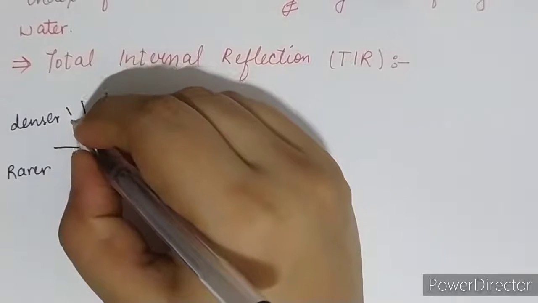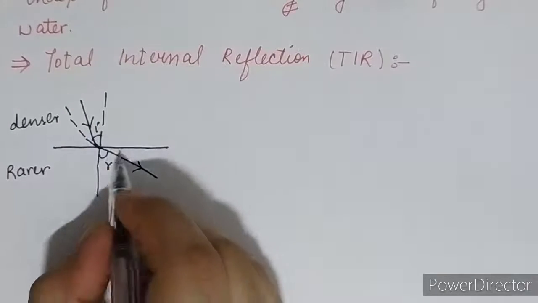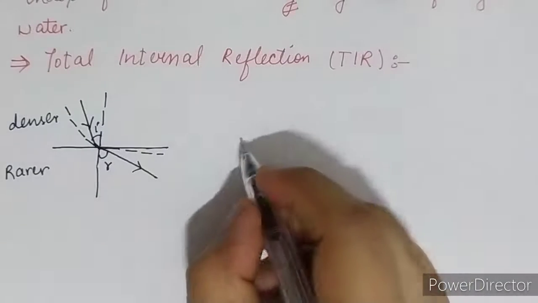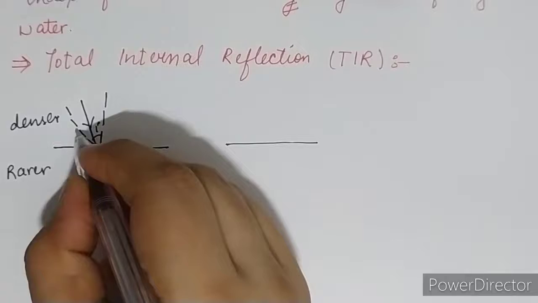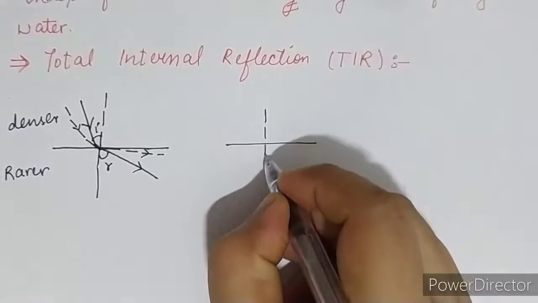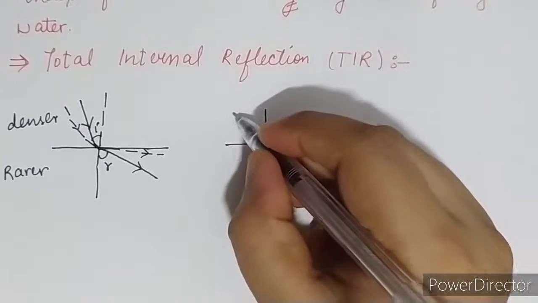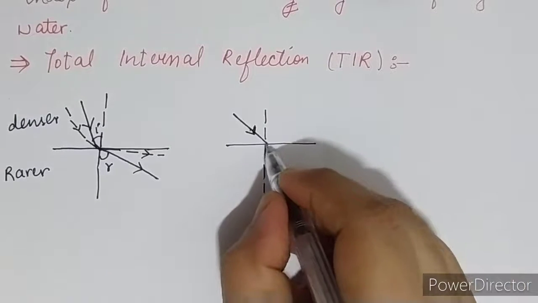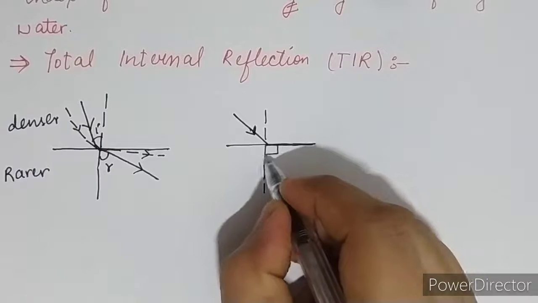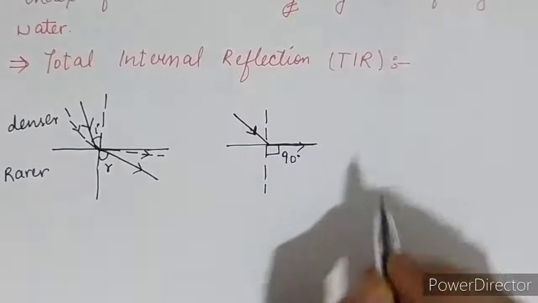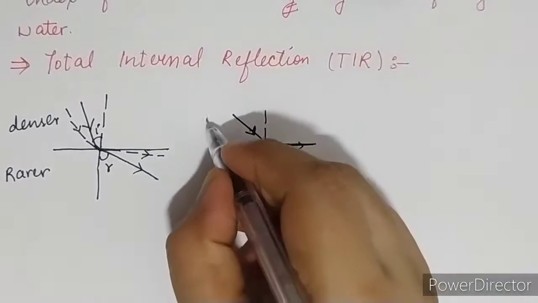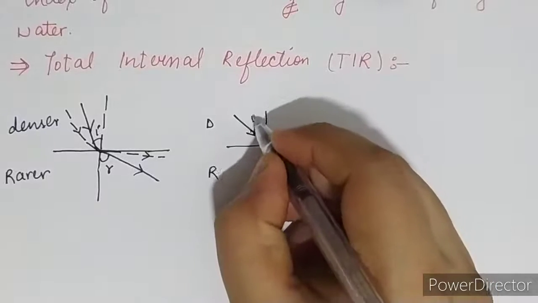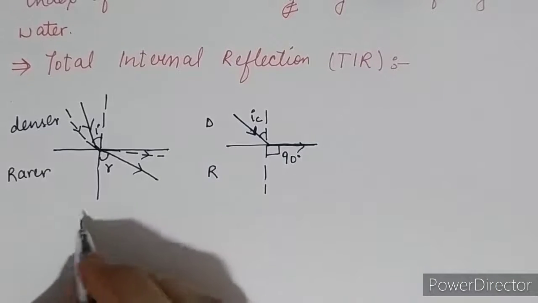As I increase the incident angle, the refracted angle also increases, and we reach a particular condition at which the angle of refraction becomes 90 degrees. From the denser to the rarer medium, this angle of incidence is known as the critical angle.